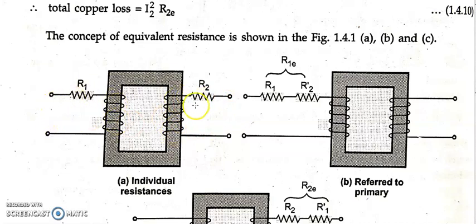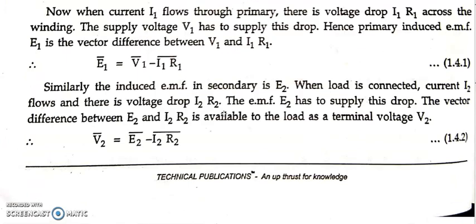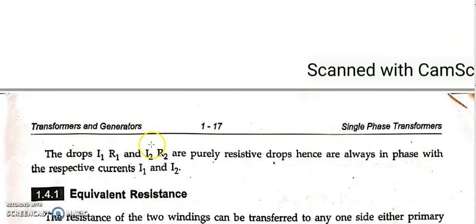So E2 is equal to I2R2 plus V2. Very simple. E2 is equal to I2R2, the drop across the resistance, plus V2. This is what they have shown here. E2 is equal to V2 plus I2R2, or in terms of V2, it is the vector difference between the induced EMF in the secondary winding and the drop in the secondary winding. Hope you understood how this equation came.